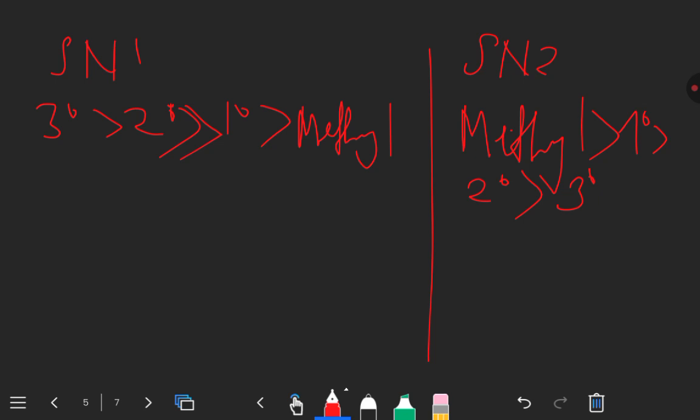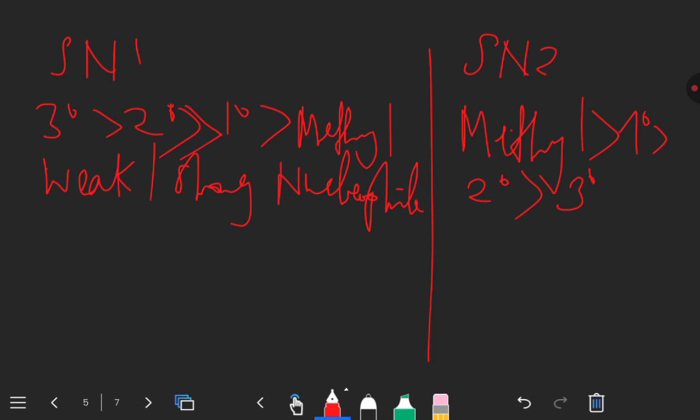Then when you're talking about the condition or the state of a nucleophile, when you're talking about SN1 reaction, this one favors a weak or a strong nucleophile. So for SN1 reaction, it can be a weak nucleophile or a strong nucleophile. Okay, so that is what we must understand there.